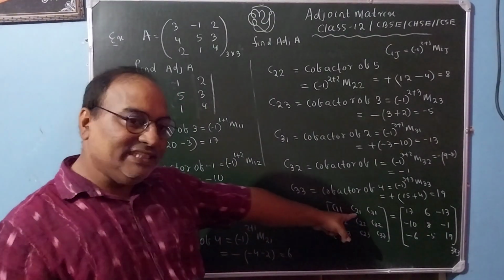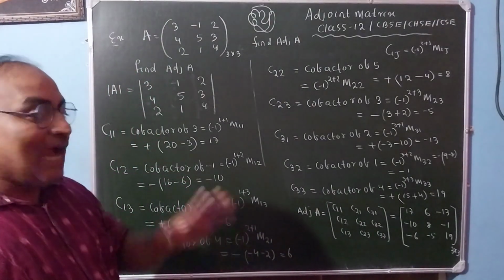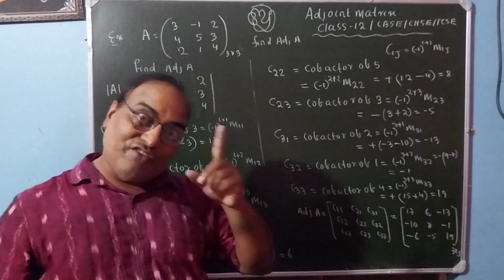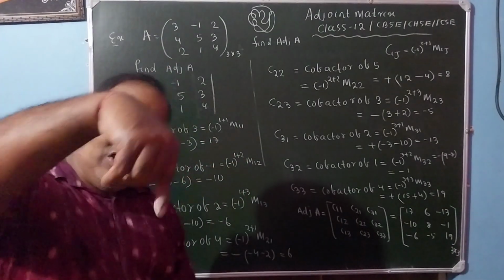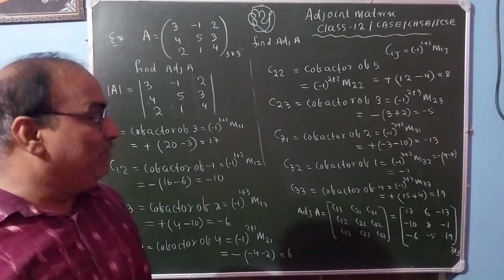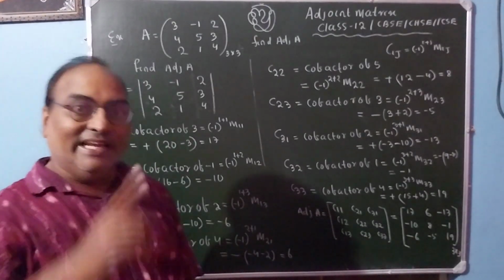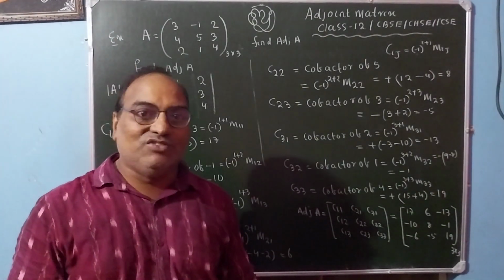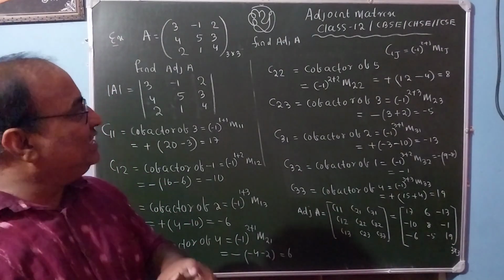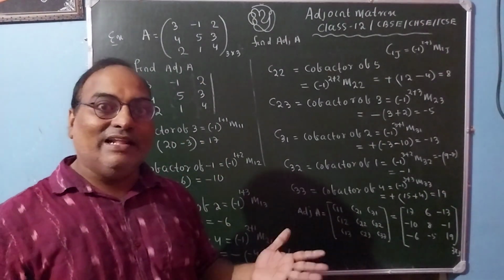Putting those values here, we get adjoint of the matrix. Okay, adjoint of second order matrix is obtained by interchanging the main diagonal elements, whereas the sub-diagonal elements' sign will be reversed. If the sign is positive, then it changes to negative and vice versa. Okay, this is all about adjoint of the matrix of second order and third order.